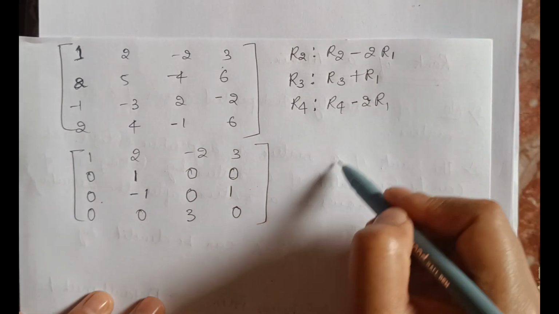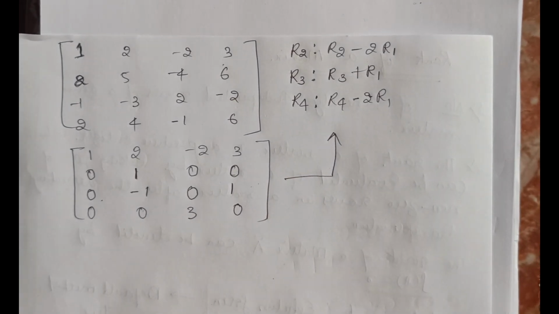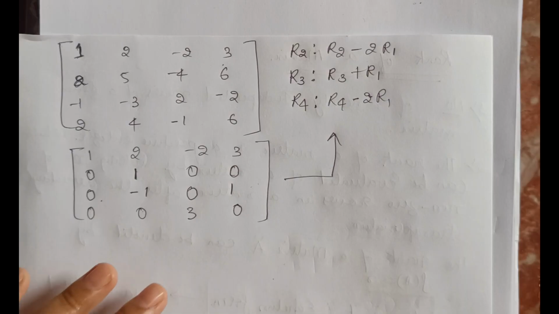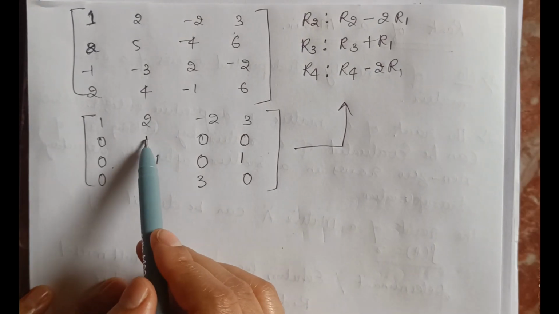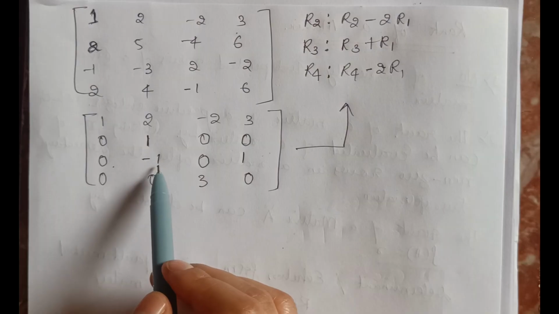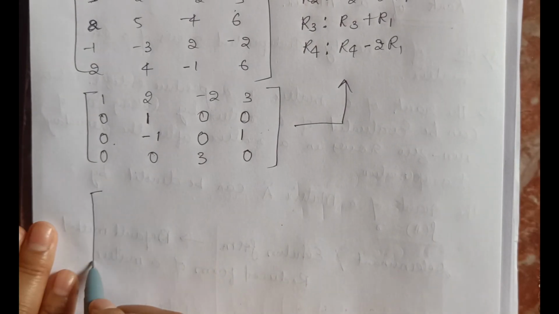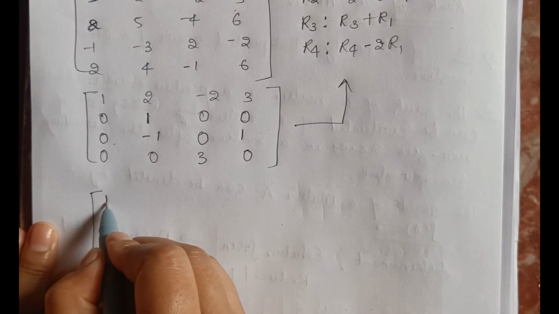So these are the operations I have performed here. Correct? Now the next is I have to make this also 0. I have to perform some operation in row 3 now. Row 1 we are not going to touch.